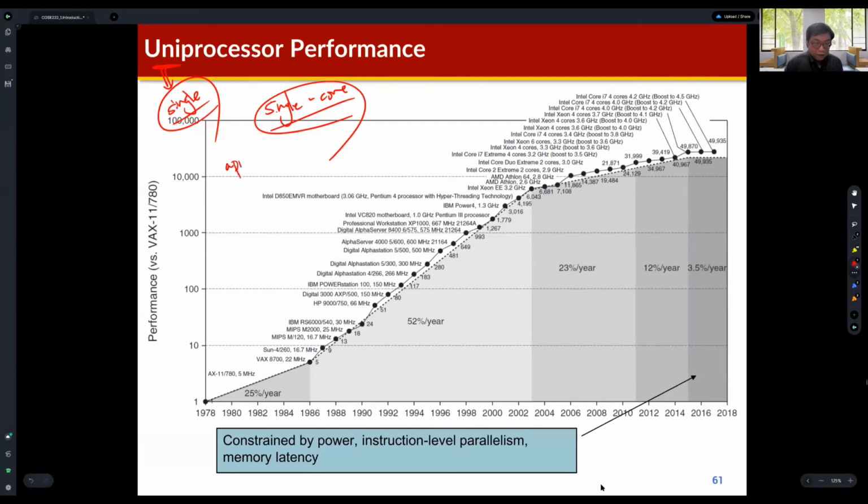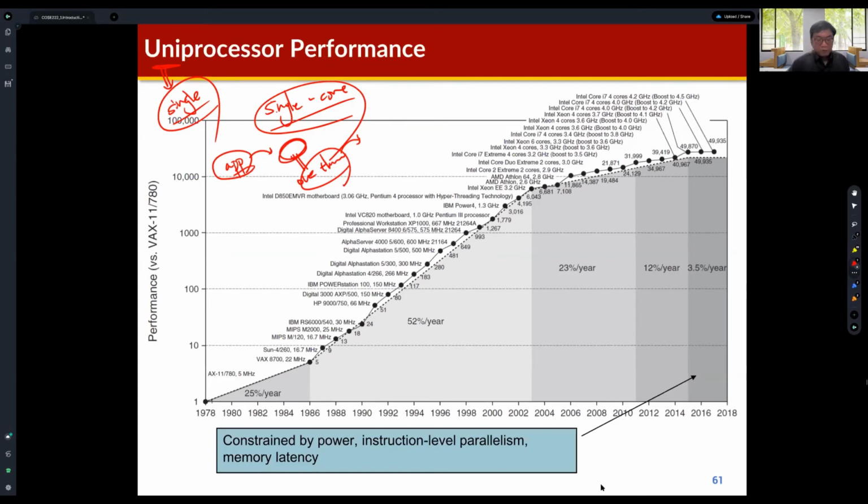An application is compiled to generate machine code, and this machine code becomes a single thread. A single thread is run on a CPU, a single core CPU, and this graph shows the performance of a single core CPU.